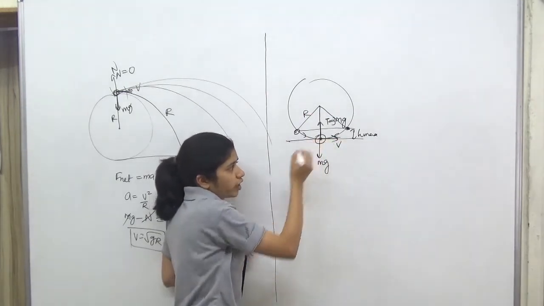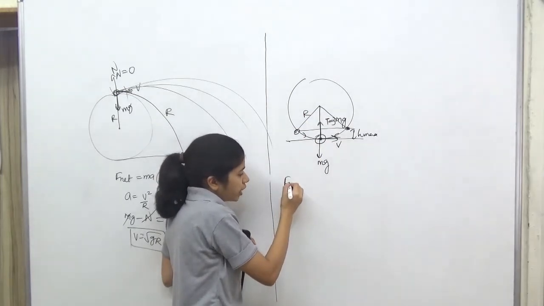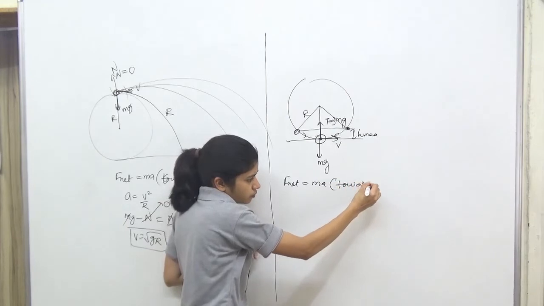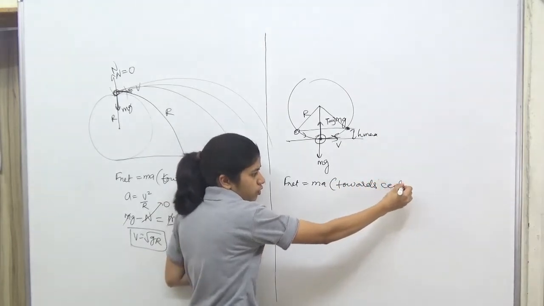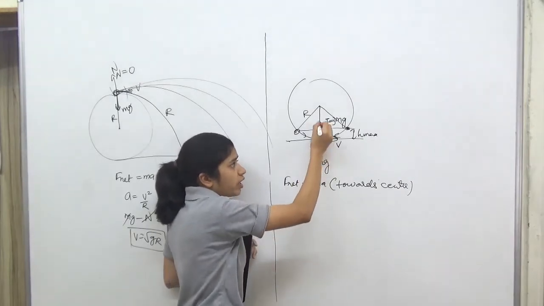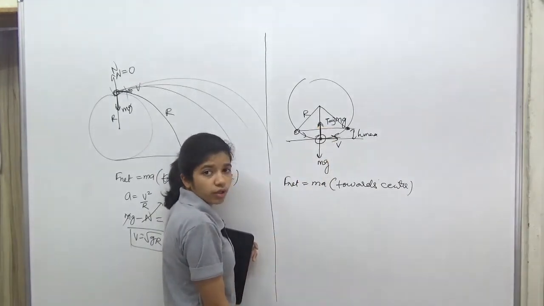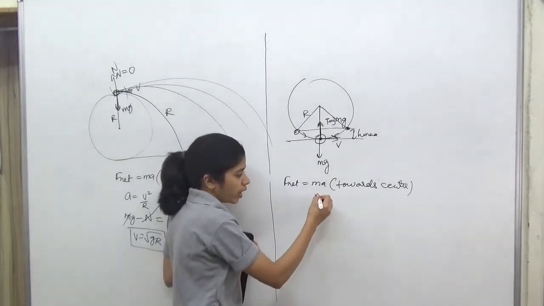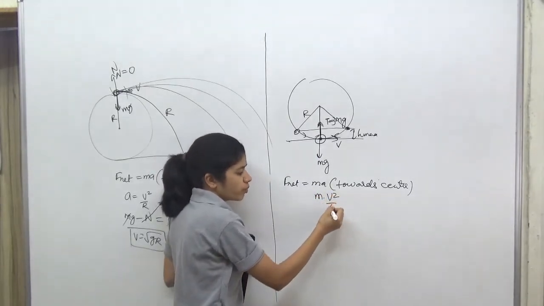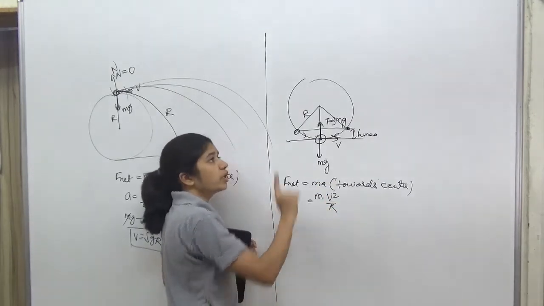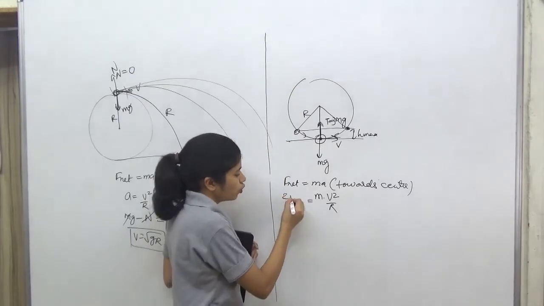So F net is equal to ma towards the center. If the velocity at this point is v, then the centripetal force will be how much? Force towards the center should be how much? mv square by r. So m into acceleration is v square by r towards the center. What all forces are there towards the center? 3 mg minus mg. So 2 mg.